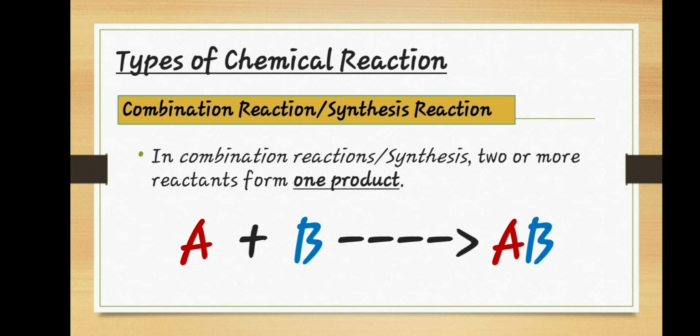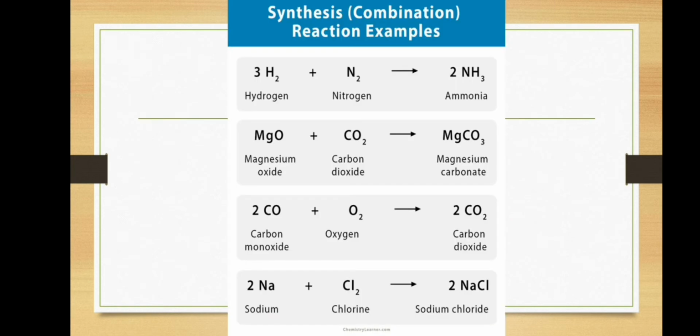Meron akong simple example dito. From the chemical substance A, combining with another substance B, we now have one product which is AB. That is a combination reaction: two or more reactants combining to form one product. So it's very simple. Next.